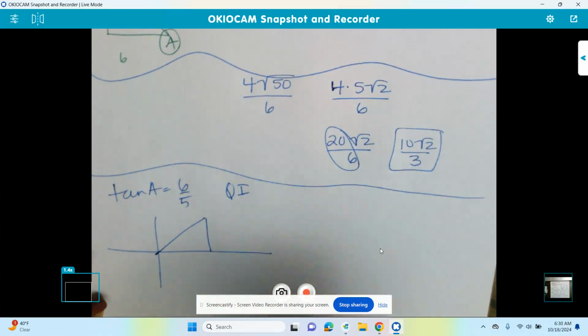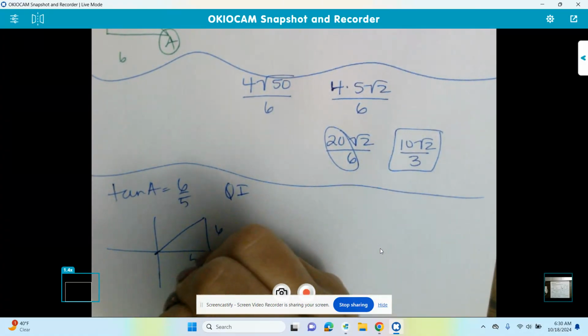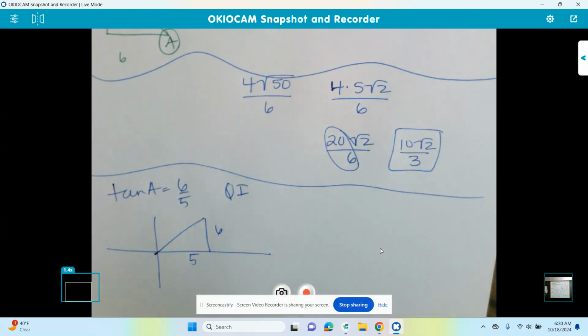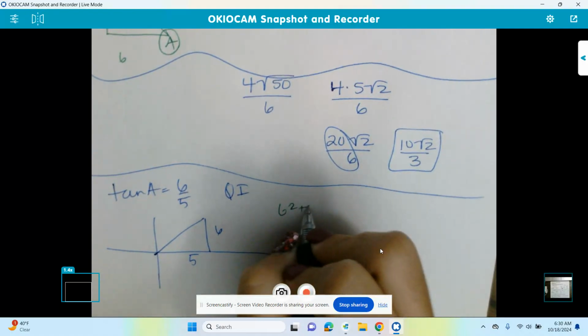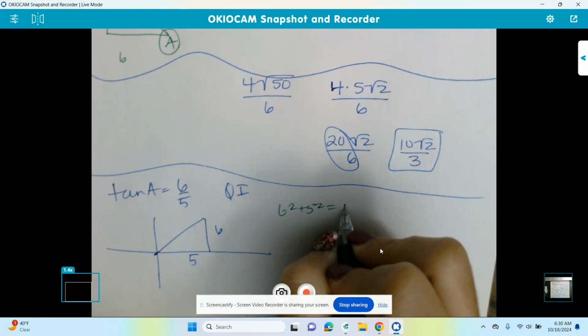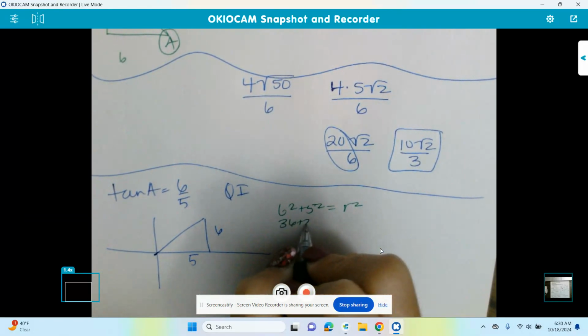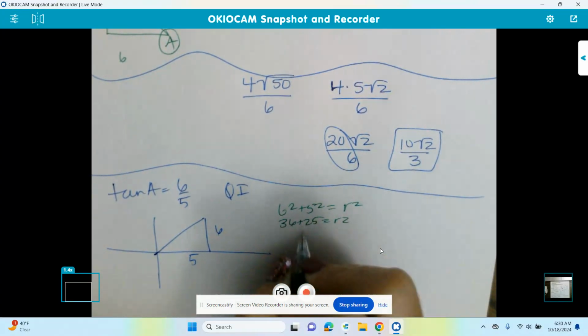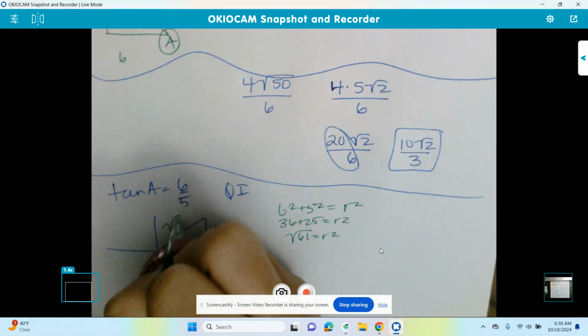Quadrant 1, there's my reference triangle. So tangent is opposite over adjacent, right? So opposite's going to be 6, adjacent's going to be 5. And we're going to PT this. So 6 squared plus 5 squared. So the square root of 61.